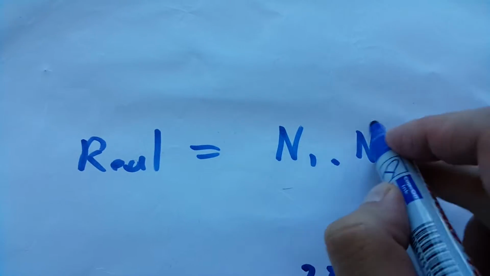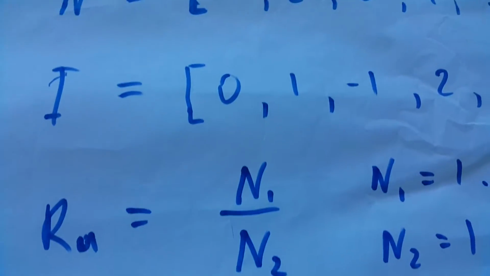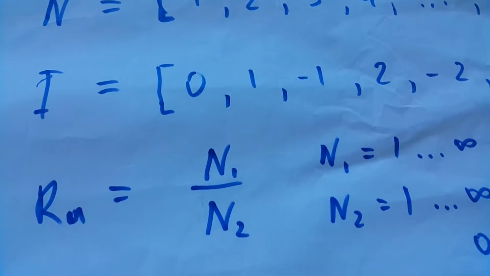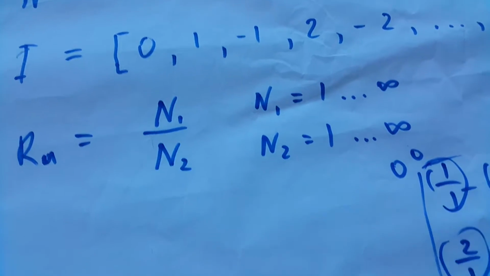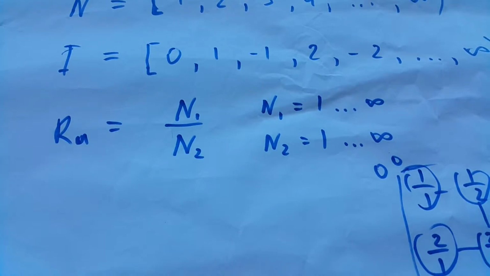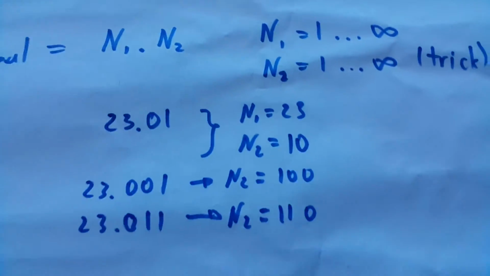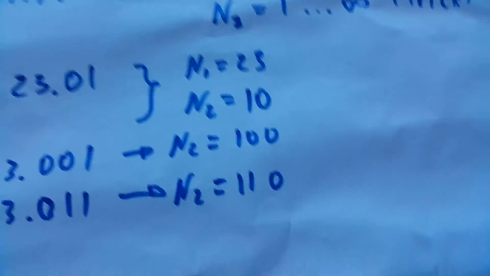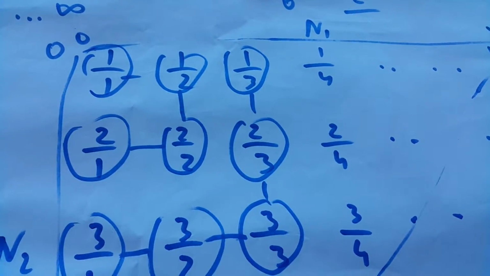Also including zeros, because 0 can be here and 0 can be here, as well as negative numbers. Because we have just a single 0 and negative numbers are exactly the same as in integer numbers, it's the same. For now I'm going to ignore negative numbers and 0 as well. So basically we get exactly the same table as here, but instead of writing them as rational numbers, we write them with the dot. We should start with 0, but I'm ignoring 0, so I'm going to write with 1.